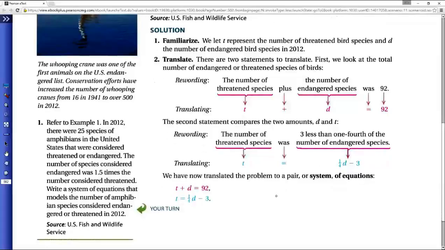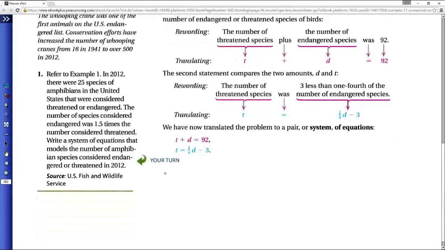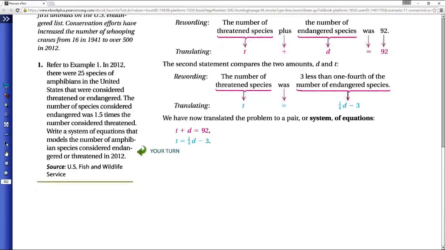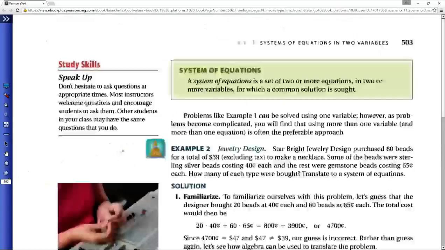Well, now I have two equations that are related to each other. And with this information, I can then hopefully solve this and find out what each variable is equal to. That's what they're introducing in this chapter: when I have systems, if I have two equations with two variables, I can get solutions from that.